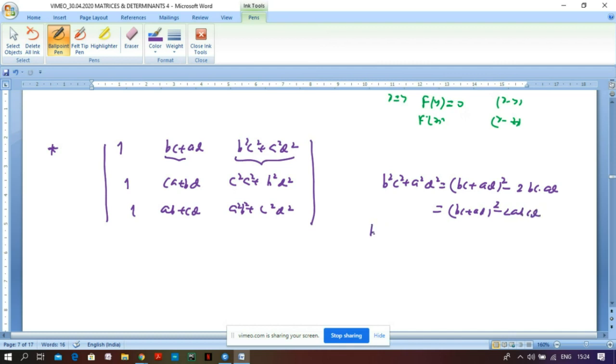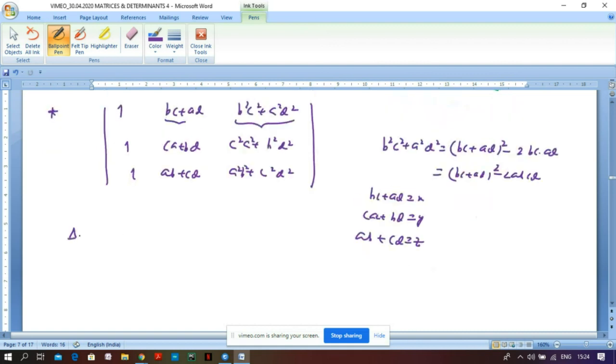So if I write bc plus ad equal to x, ca plus bd equal to y, and ab plus cd equal to z, then my determinant delta rewrites as rows 1 1 1; x y z; and x squared minus twice abcd, y squared minus 2abcd, and z squared minus 2abcd.